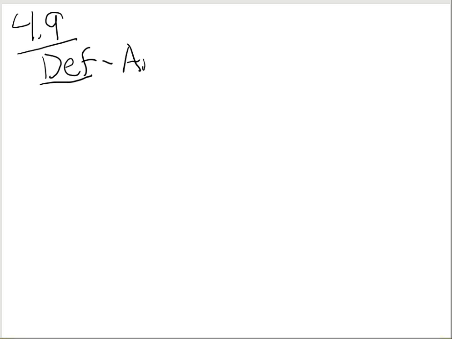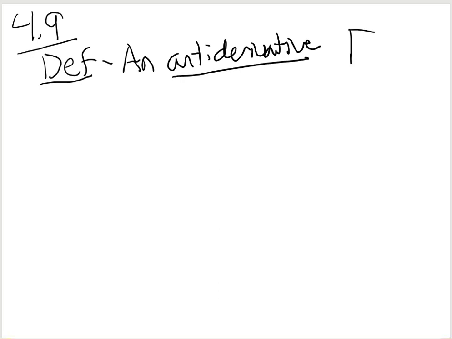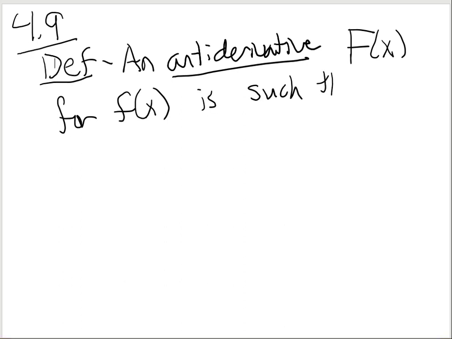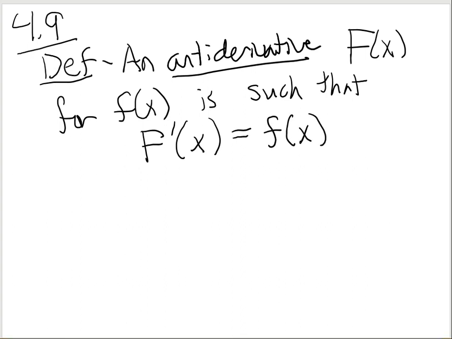So an antiderivative, and I'll call it capital F of x, for little f of x, is a function such that the derivative of the antiderivative is just little f of x.